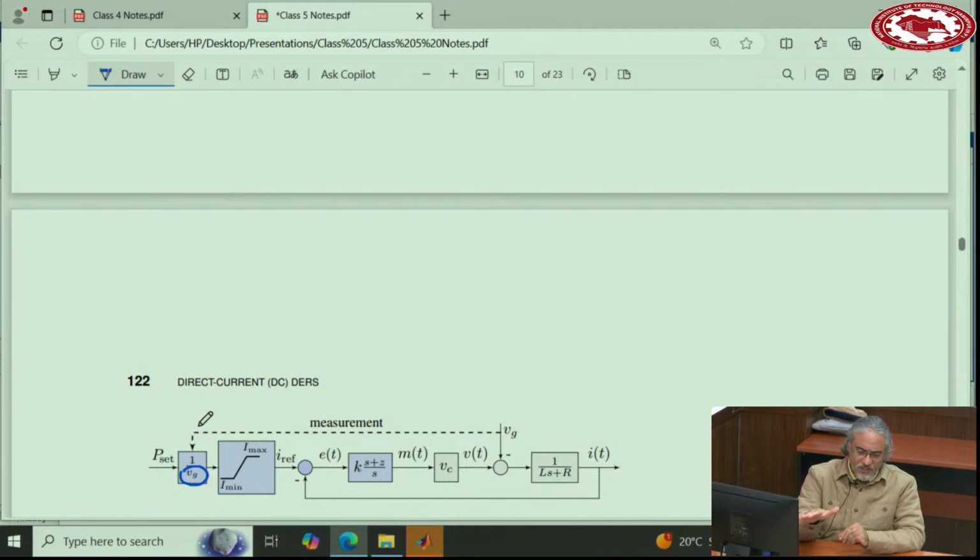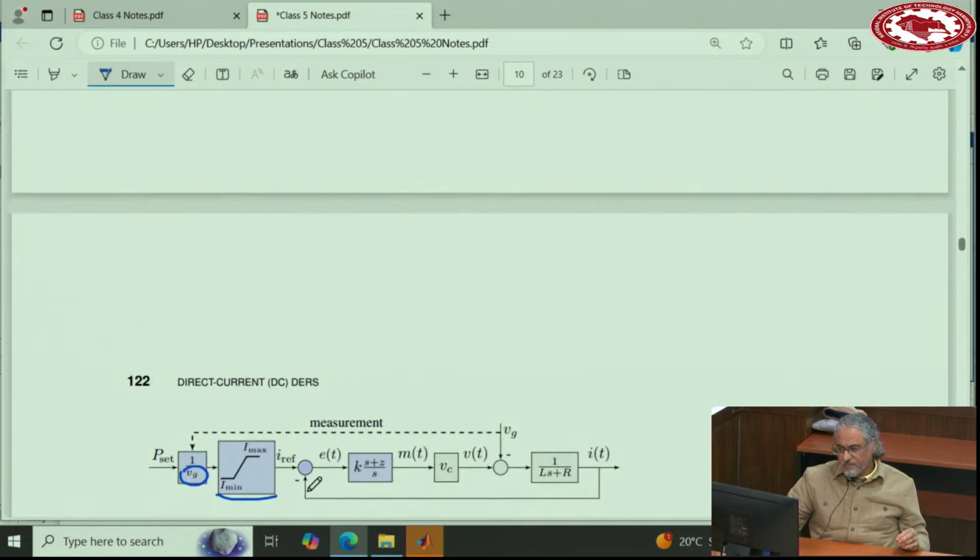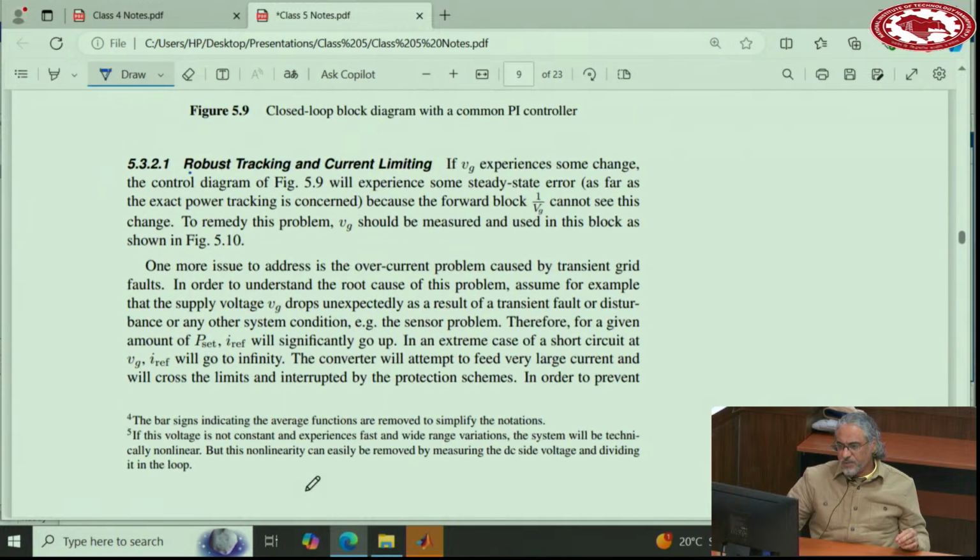In this scenario you ask the converter to generate a lot of current. So in order to prevent that from happening, you put the limiter here between min and max. This is the way to limit the current. So we limit the reference of the current, and if the control is fast, it will limit the actual current. So that's about how we do the current limiting.